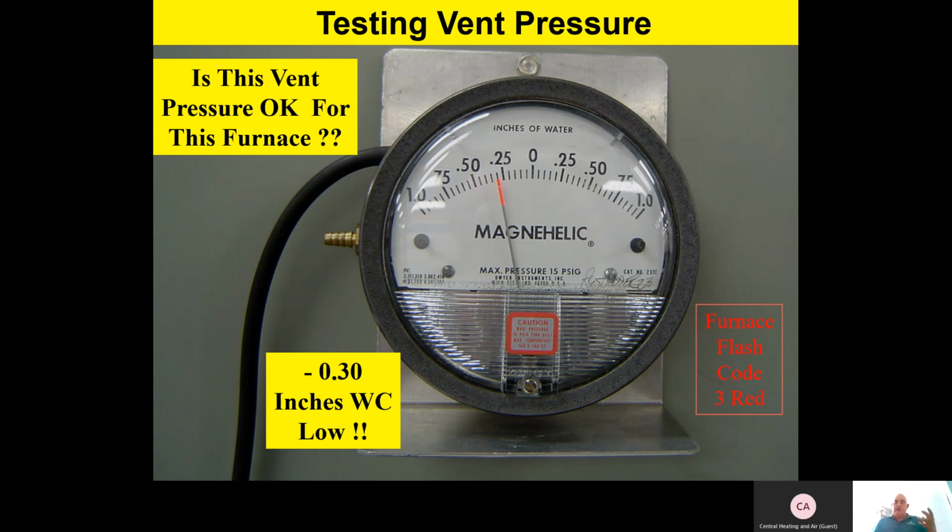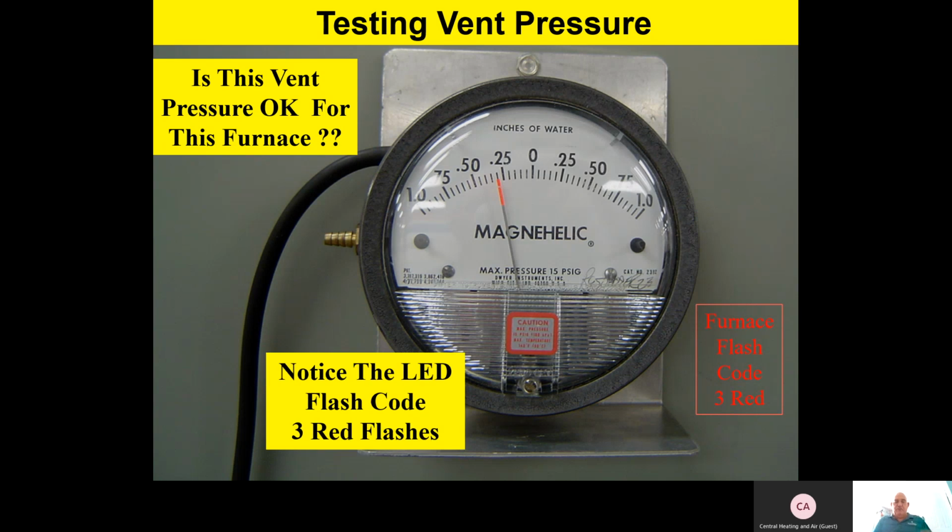So one of the things we always recommend is, just think it through, because that vent pressure and that vent safety switch is there to tell you that you do or don't have adequate venting. So you'll notice again the red LED gives you a 3 flash, and it tells you that we're having a problem with the venting or the vent pressure switch.